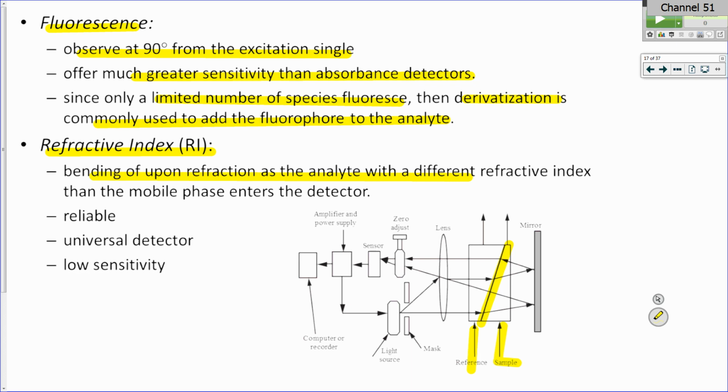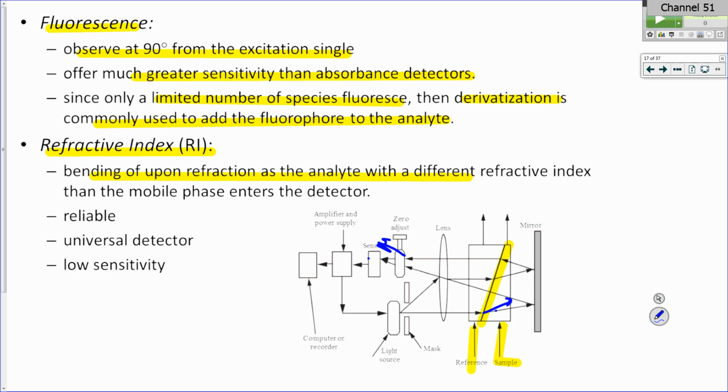But if the sample starts to influence the refractive index, then when the sample comes through, it's going to cause the light to refract at a slightly different angle. Remember Snell's law we talked about earlier in the chapter? As it bends the light away from the detector, less light is going to hit the detector because this light beam is going to be deflected up here somewhere.